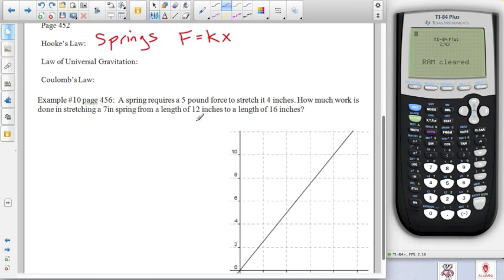Universal gravitation is that the force is a function of the inverse square of the distance. It looks something like this, where the m's are masses, the G is a constant, and the distance between the masses is squared, so we call that an inverse square relationship.